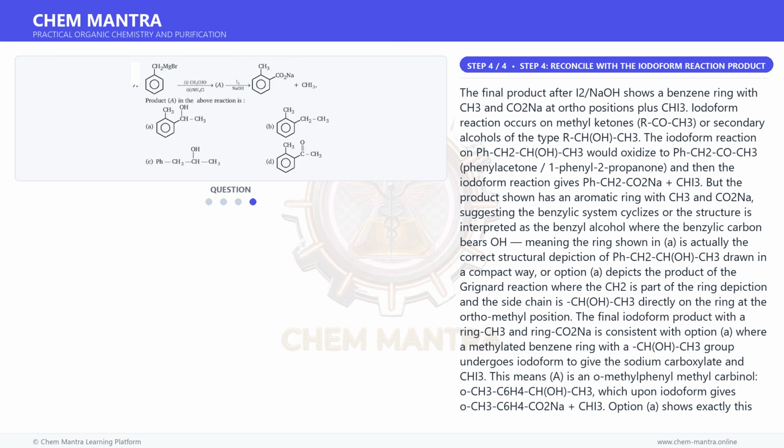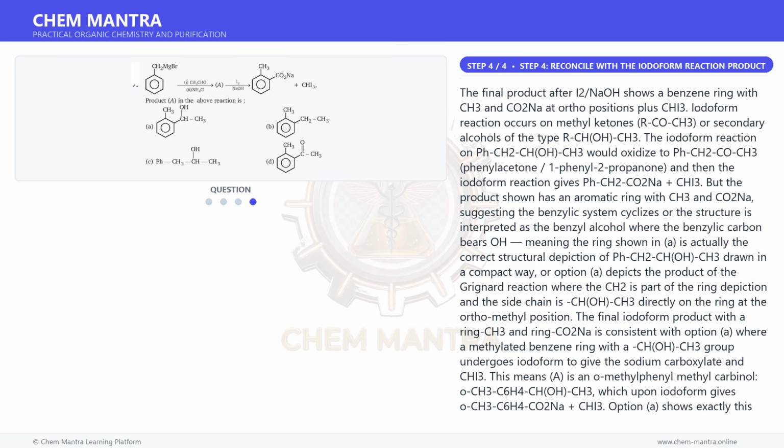The final iodoform product with a ring CH3 and ring CO2Na is consistent with option A, where a methylated benzene ring with a CH(OH)CH3 group undergoes iodoform to give the sodium carboxylate and CHI3.